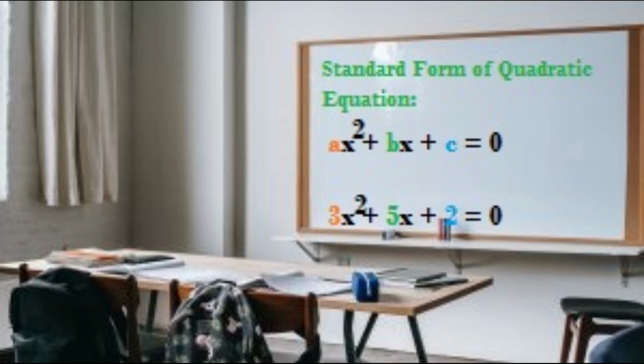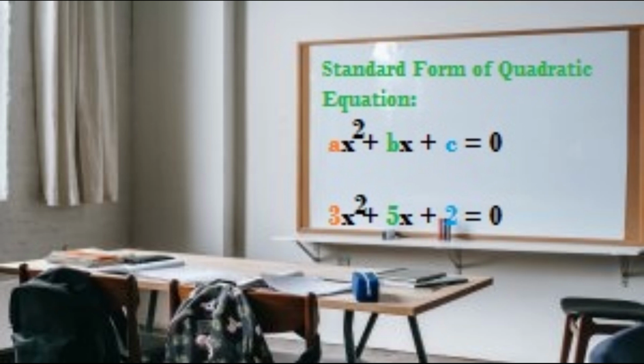So you can compare some of the things, like you should know what a is in the given equation. a is the coefficient of x square, so you can see that a is equal to 3. Similarly, b is equal to 5. b is the coefficient of x, and c is a constant which is equal to 2.